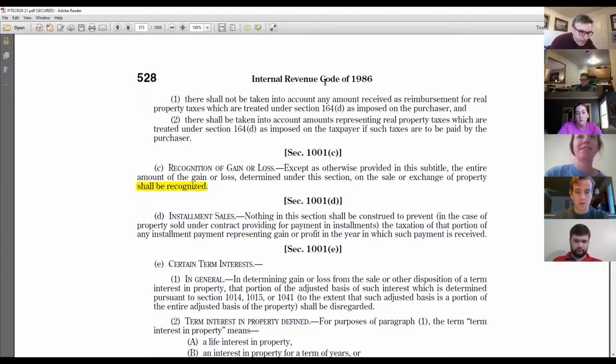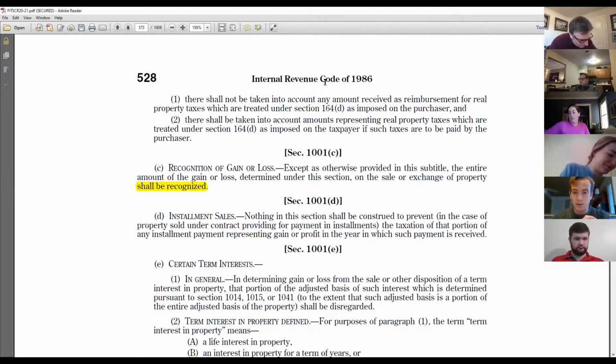And a loss that is recognized may be deductible under section 165 of the code. If it's investment property or property used in a trade or business, you can take a loss deduction. If it's personal use property, you recall, then you generally don't get a loss deduction. But we basically take into account gains and losses that are recognized.